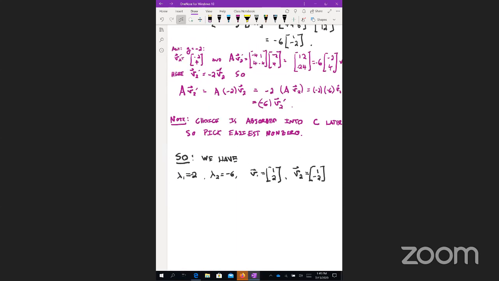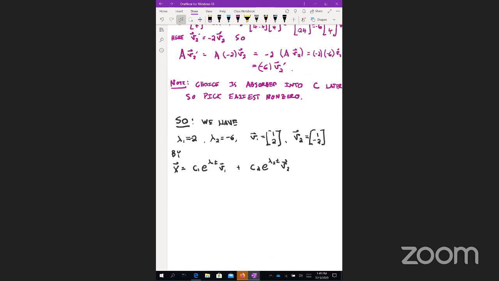So by our formula, x bar equals C1 e to the lambda 1 t v1 plus C2 e to the lambda 2 t v2, we have as a vector equation x1, x2 equals C1 times e to the minus 2t times v1, 1, 2, plus C2 e to the minus 6t times v2.